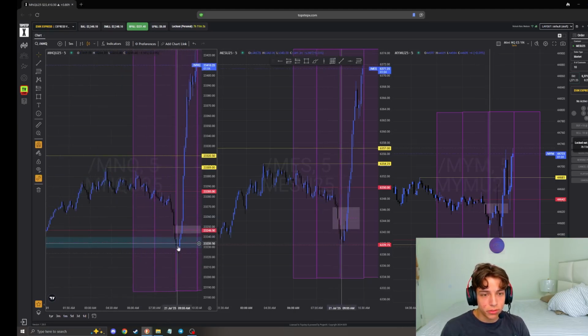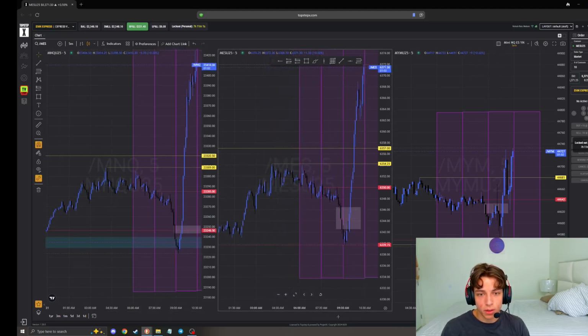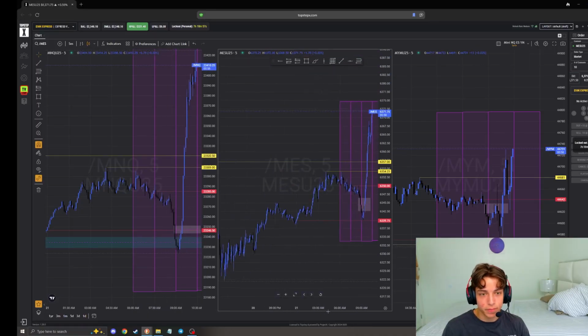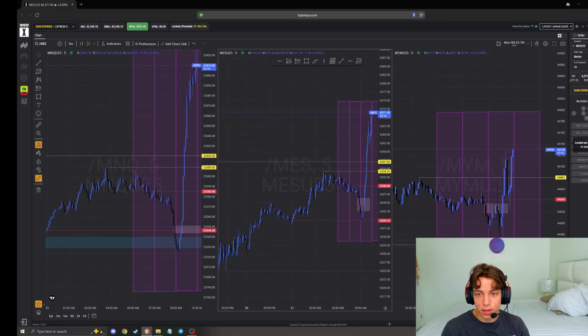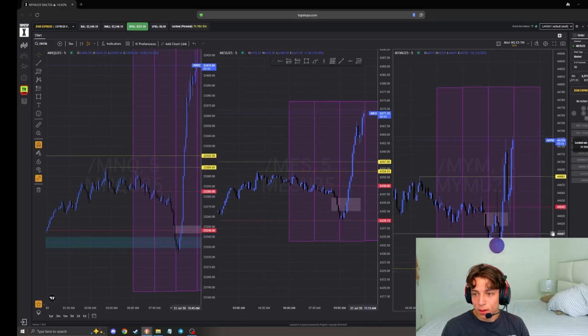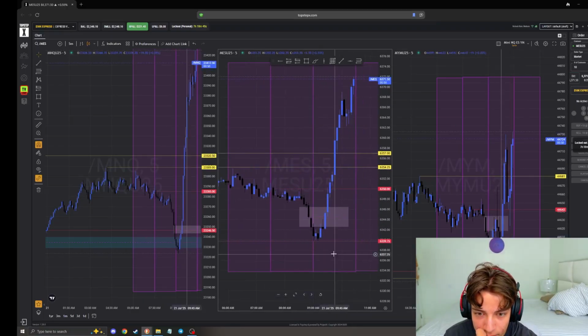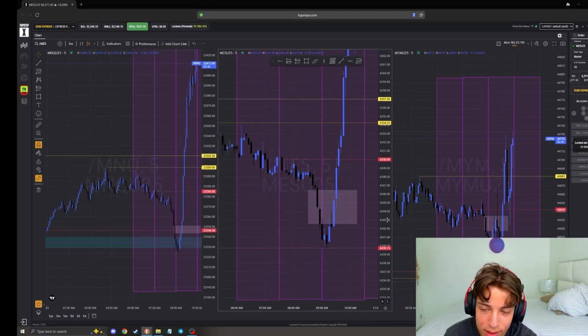We also fill all of the NWOG, while on ES there is no NWOG, by the way. That's why none of this is marked out. But yeah, we sweep it. We tap the session open and the London low.